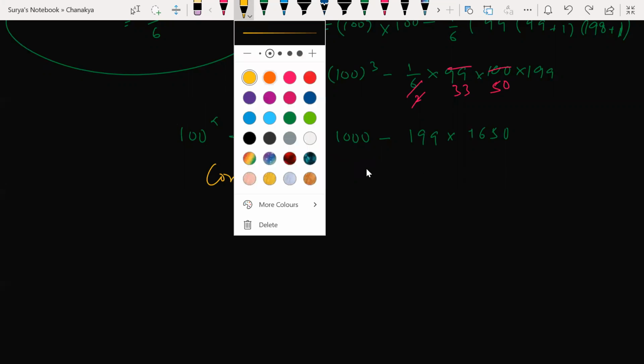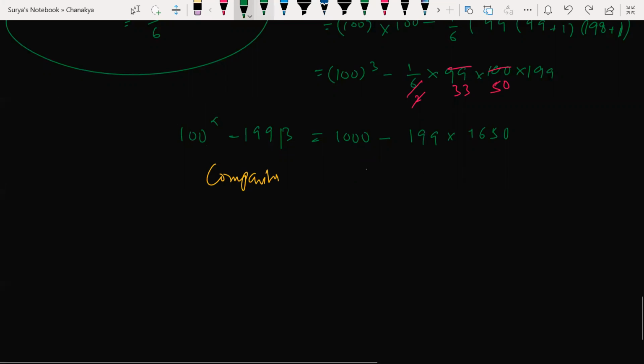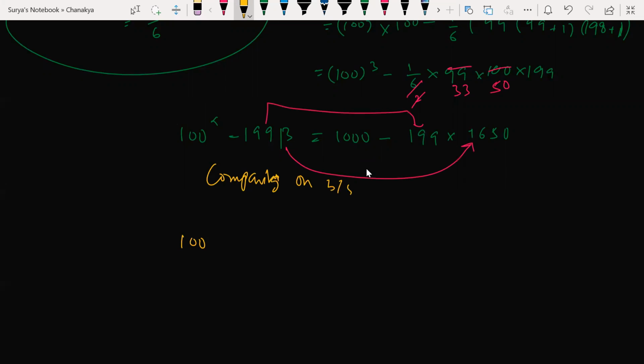See here. 199 as it is I have. In place of beta I have this. 100 to the power of alpha minus 199 beta. This can be written as what?